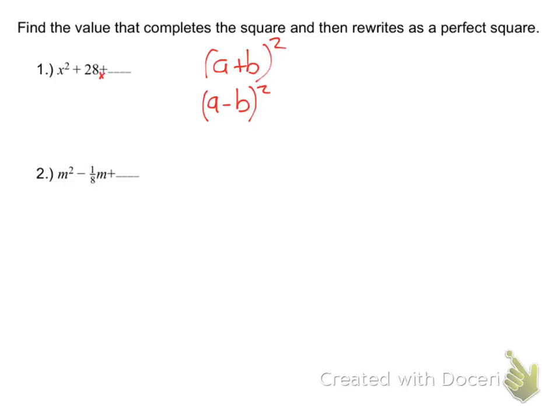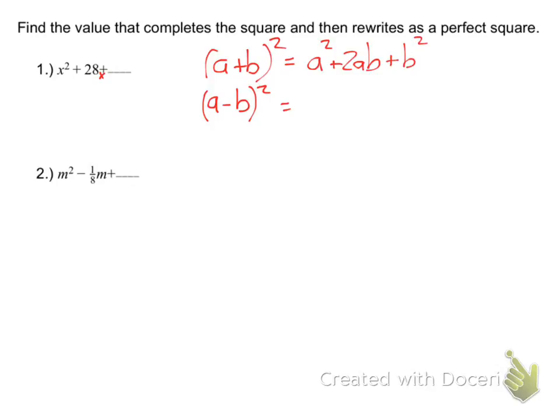If you have to, separate them, because you've got two of them, and then use the four-letter F word: FOIL. Or do you remember the patterns? A squared plus 2ab plus b squared.